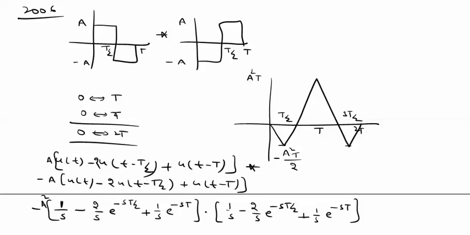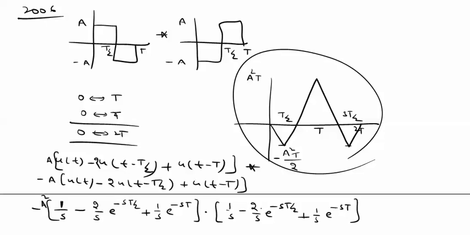Once we get the solution, we take the common component 1 upon s square, and the result will be the whole square of it: 1 minus 2 e to the power minus sT by 2 plus e to the power minus sT, whole square.